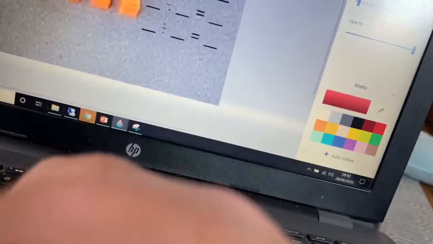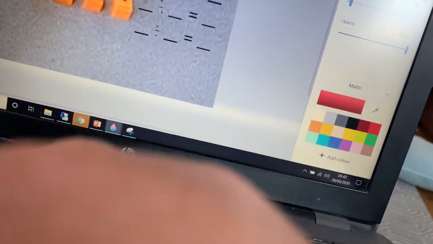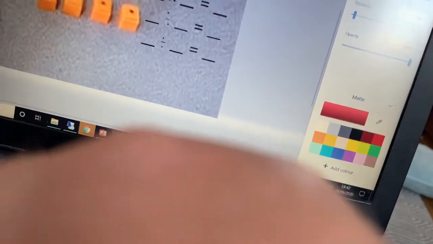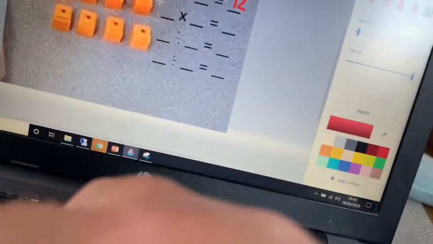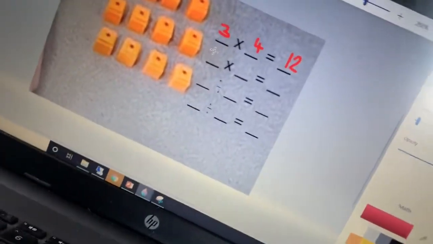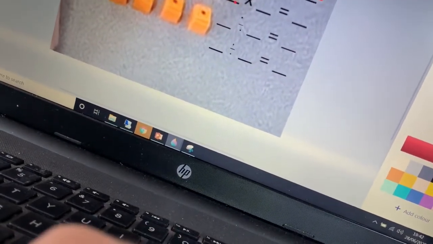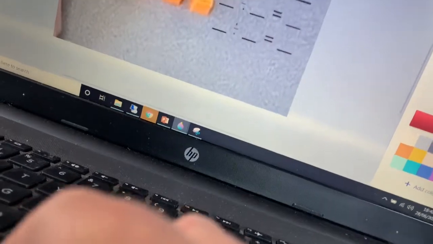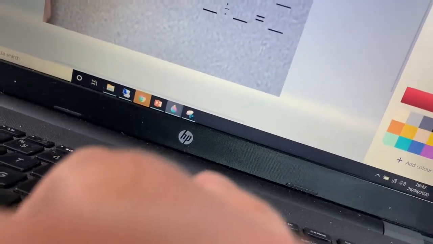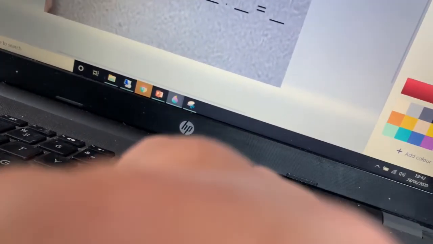Right, so 3 times 4 is 12. And now I need to do my inverse. 4 times 3 is 12.